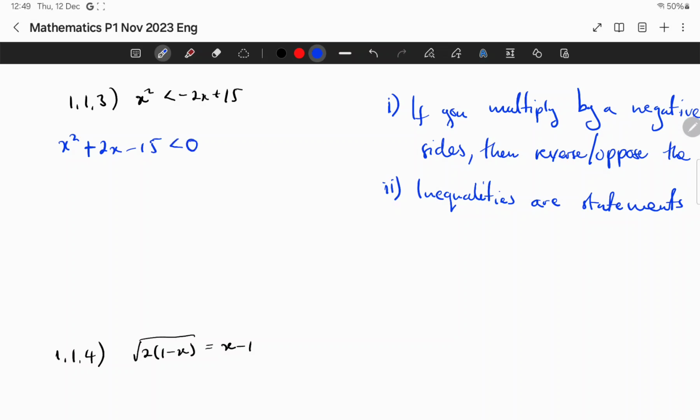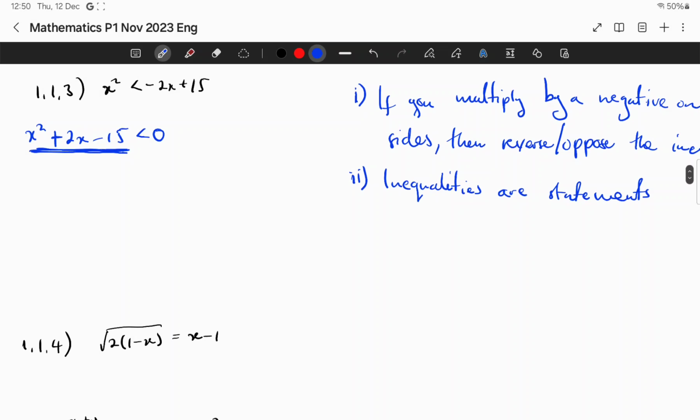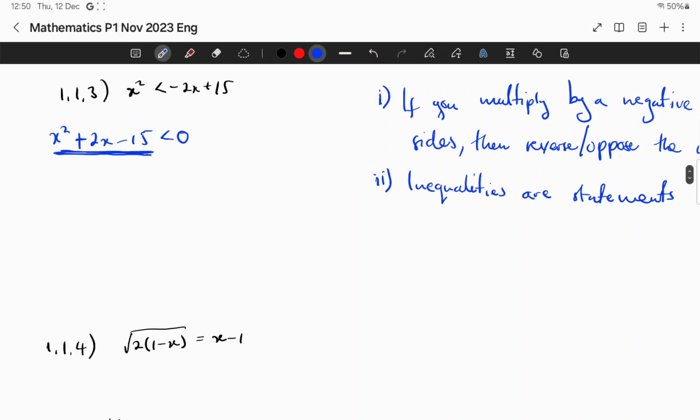This is where the second rule comes in. Look at the statement and think about what it means. It's saying that this expression should be less than 0 for all valid values of x. That's what it is telling you. So in order to solve this, you have to think about this as you solve it.